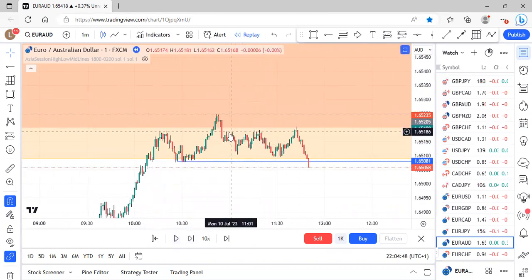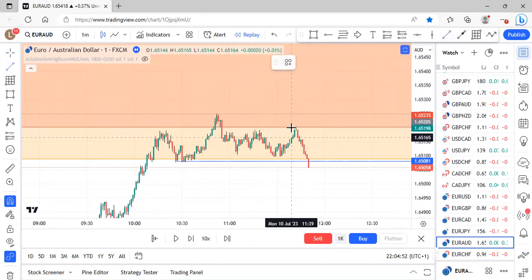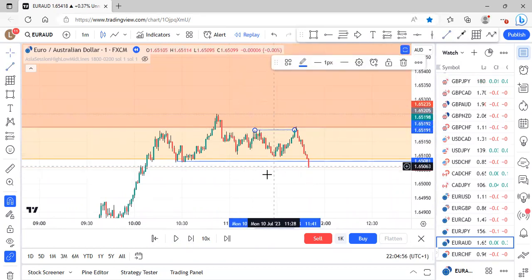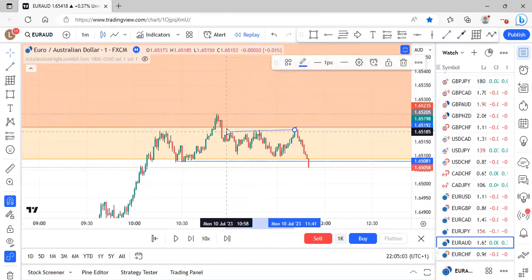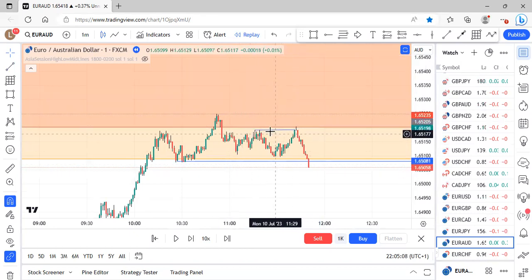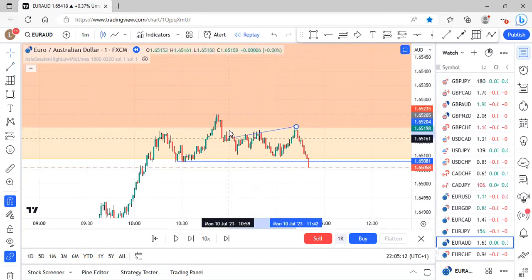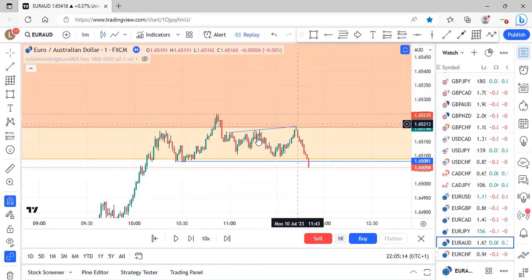From there, we've created liquidity under where my entry would look to be. It looks touch, sweep. The liquidity under here, yes, you've got liquidity under here, so definitely look for an entry somewhere in here.